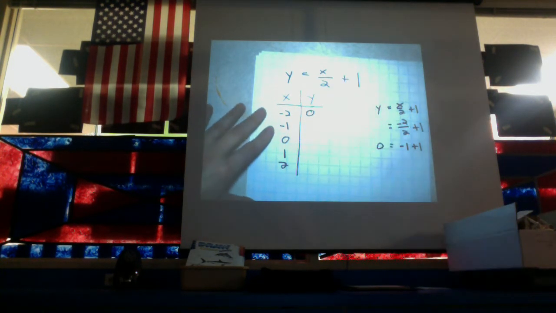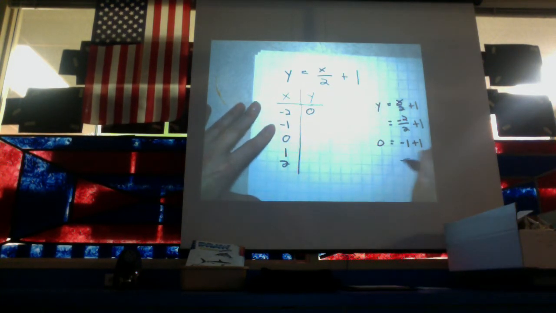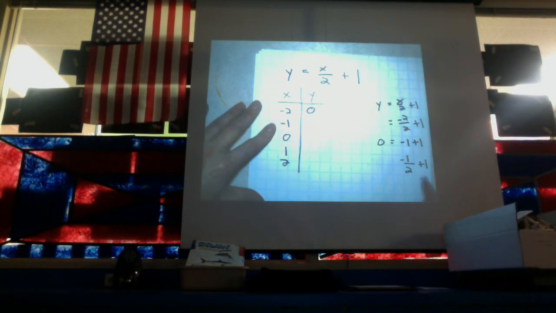The next one, -1: I plug in -1 over 2 plus 1. Basically, that's -1/2 plus 1. Isn't my answer going to be +1/2? Yep.